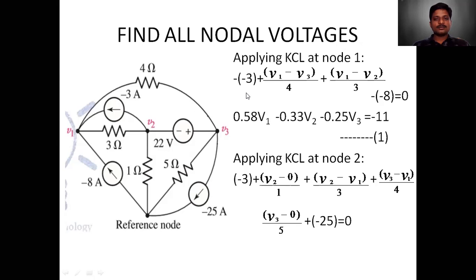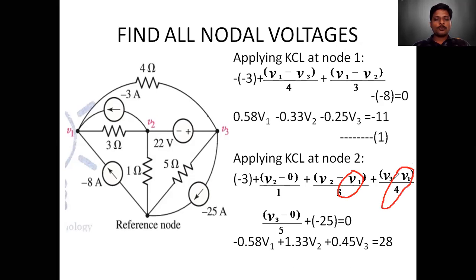Now, we have to mathematically simplify this. I think you know already how to simplify this equation. First I will write the V1 terms. Minus V1 by 3 minus V1 by 4. So 0.33 plus 0.25 will give you minus 0.58 V1. Next, we look at the V2 terms.